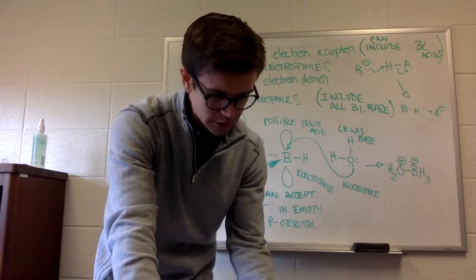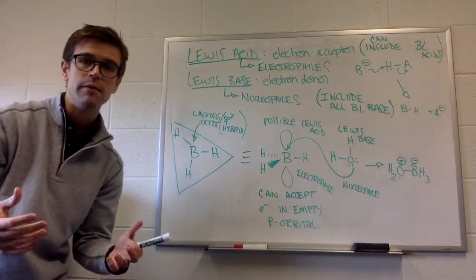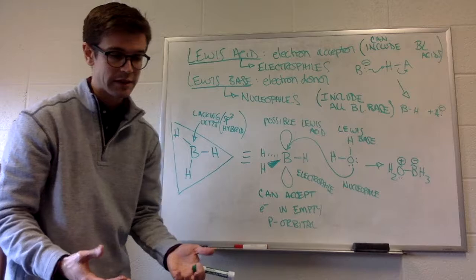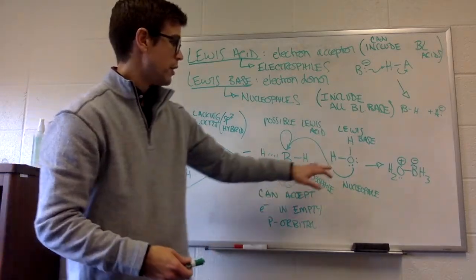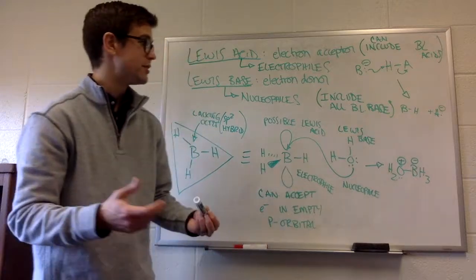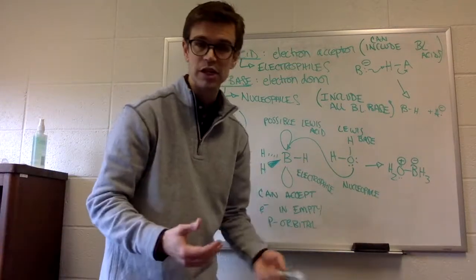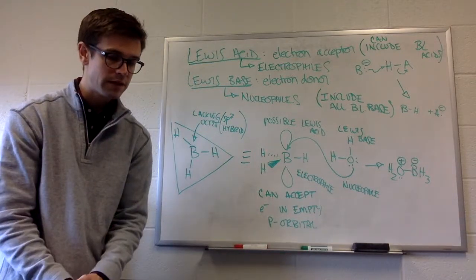And then the next question is, was there a Bronsted-Lowry acid or base? In this specific reaction, there is no Bronsted-Lowry acid or base because nothing's happening with a proton. Water can be a Bronsted-Lowry base, but in this context, it is just a Lewis base. So that should be everything you need for that sheet.